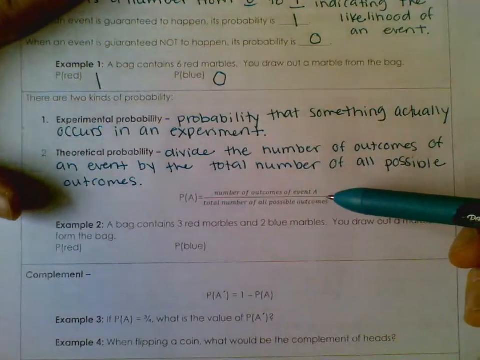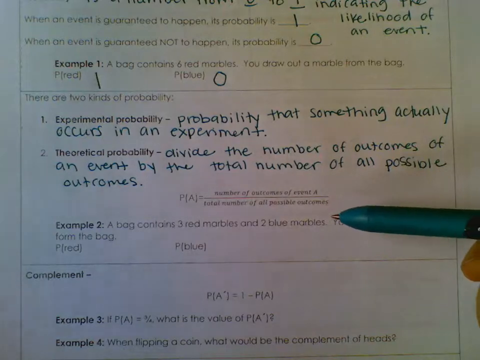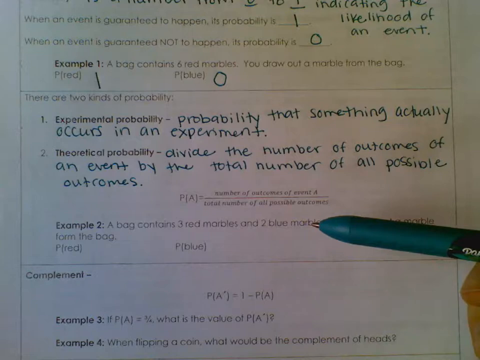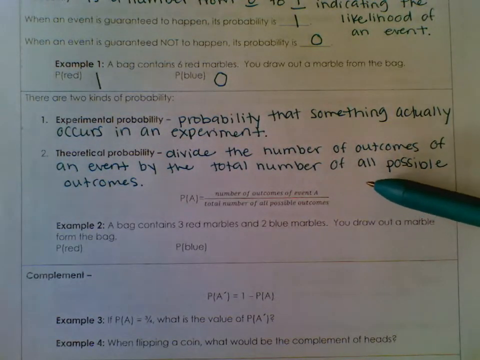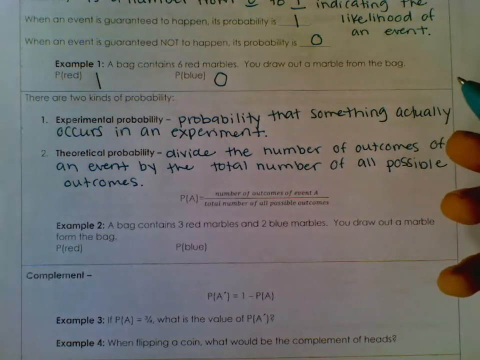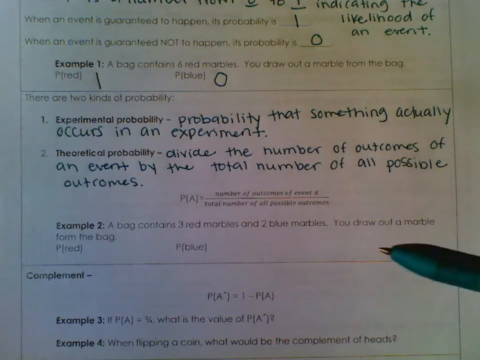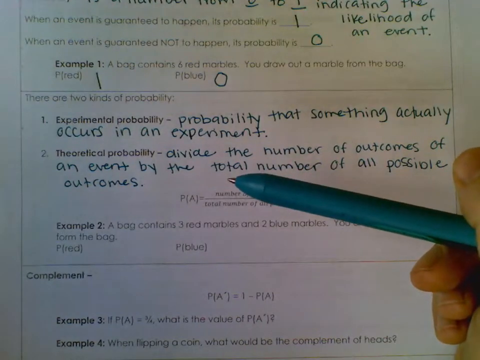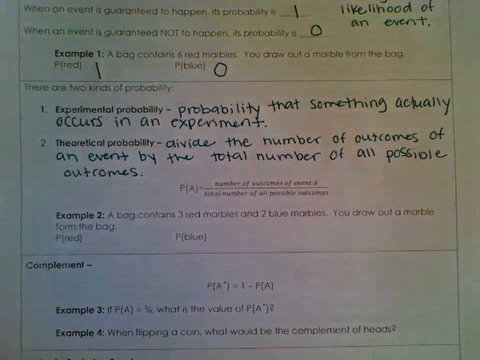The number of outcomes for event A to happen would go on top, and the total number of all the possible outcomes would go on the bottom. So going back to our coin example, if you're trying to find the probability of heads, there's only one heads out of a total of 2 sides of a coin, so we know that probability is 1/2. I don't have to physically do it to find that. That is your theoretical probability. When you are just asking yourself, how many of these are there out of the total number? That's your theoretical probability.